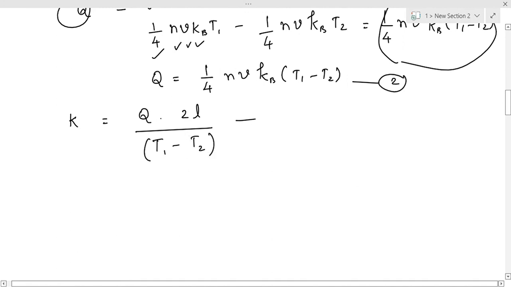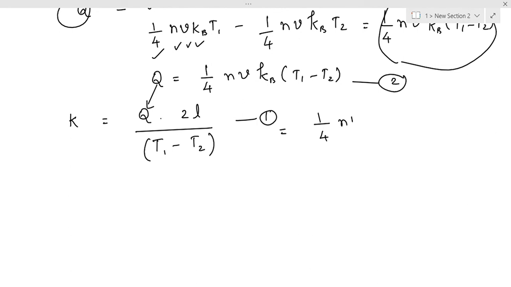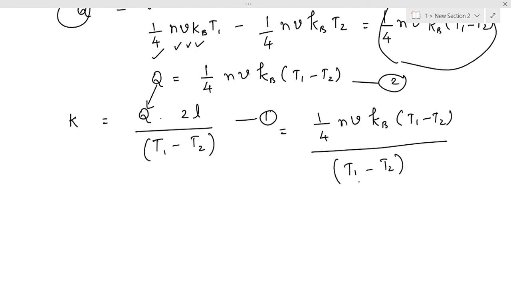We need to substitute Q here. Therefore, Q is replaced by 1 by 4 nv kB (T1 minus T2), divided by (T1 minus T2), and then 2L.